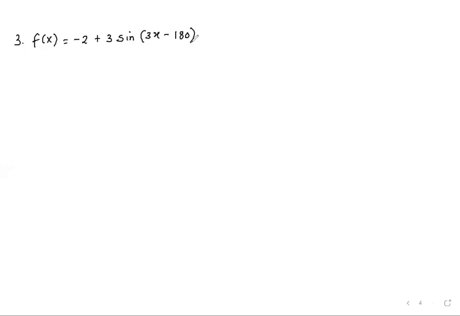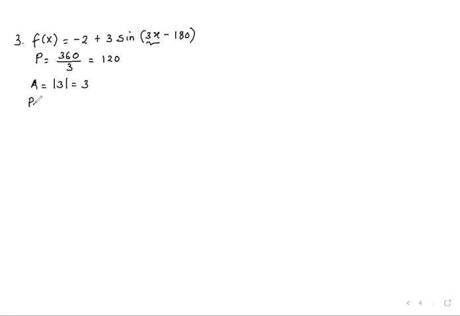So we'll have first the period, which is 360 over 3. 3 is our B, the inside. So that's 120. That's our period. And then the amplitude, the absolute value of 3, we still get 3.